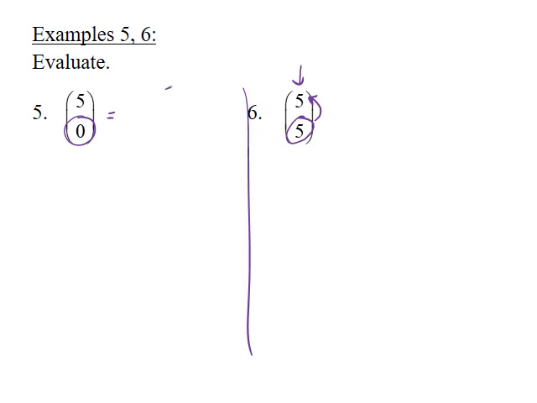This would be equal to 5 factorial over 0 factorial times 5 minus 0 factorial. Well, hopefully you remember from our earlier studies that this is just equal to 1. So we end up with 5 factorial over 5 factorial, which is equal to 1. So anytime this is a 0, you will end up with 1.